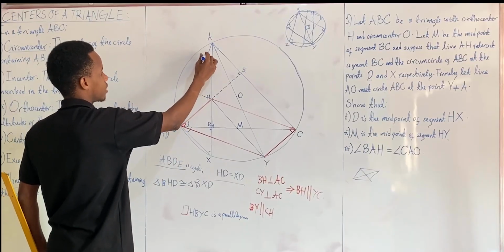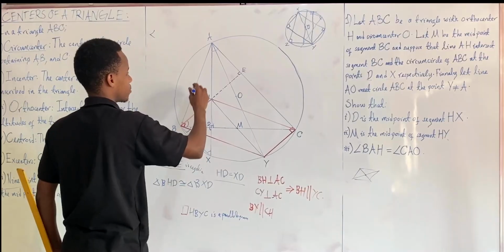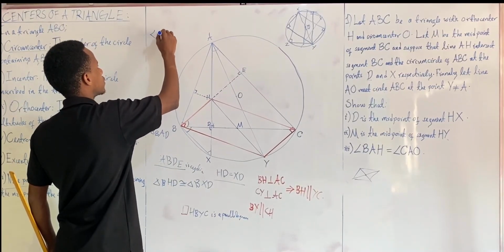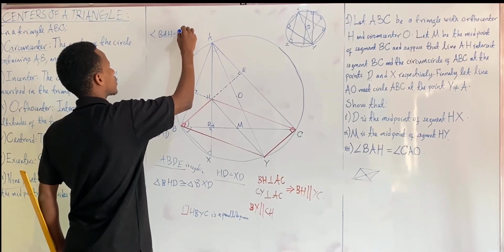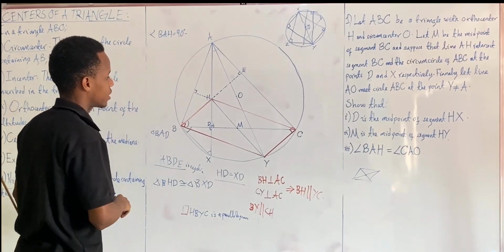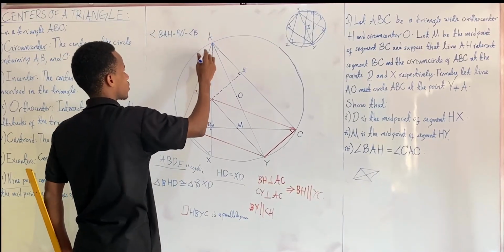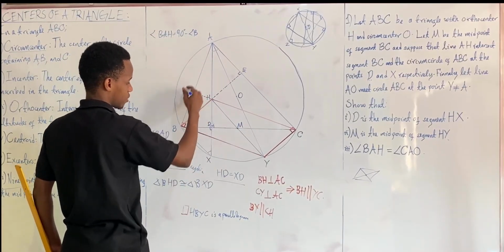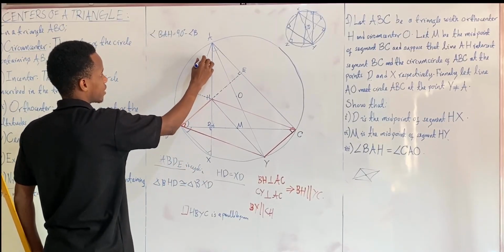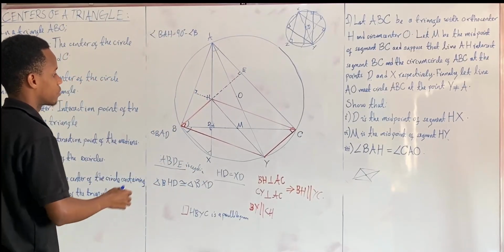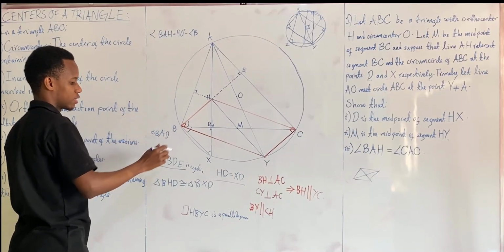So this angle here, angle BAH, will be 90 degrees minus angle B. So angle B is just angle ABC. So this angle here will be complement to angle B. It will be 90 degrees minus angle B.